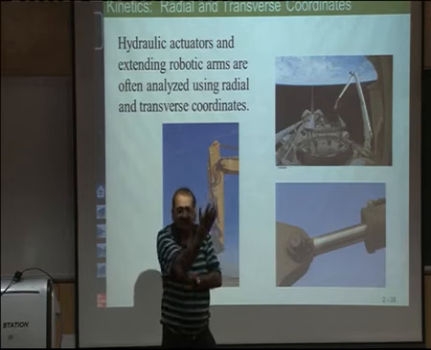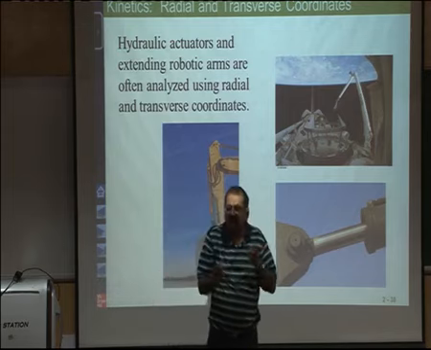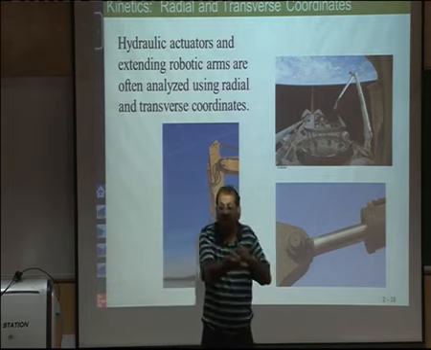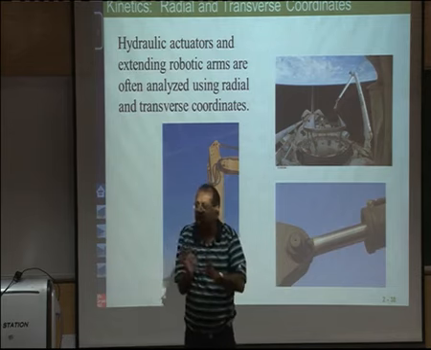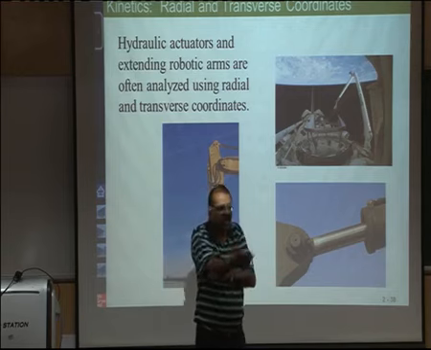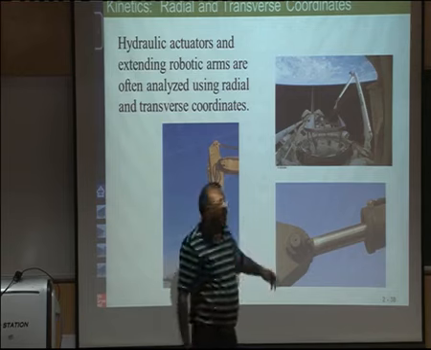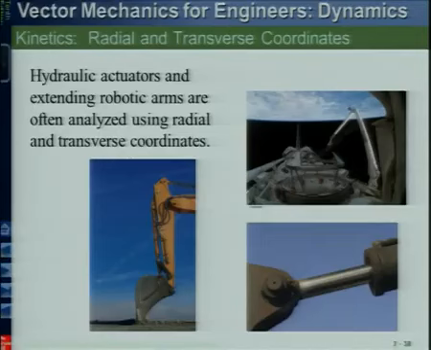So that is where, if something is rotating about an axis, then cylindrical coordinates is definitely useful, and the real use comes when R is also changing. If R is constant, then path coordinates are useful because you know the radius of curvature. But if R is also changing and theta is changing, then cylindrical coordinates become useful. So these are some of the problems where you find cylindrical coordinates.